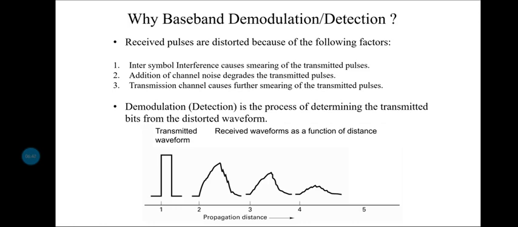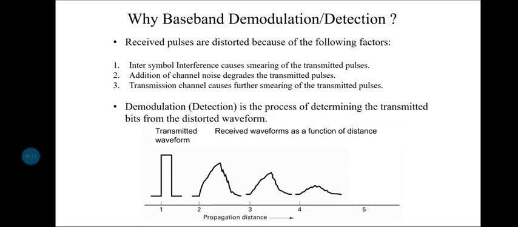One is due to ISI, which causes smearing of the transmitted pulses, and the next is the addition of channel noise, which degrades the transmitted pulses, and the third is the transmission channel, which causes further smearing of the transmitted pulses.